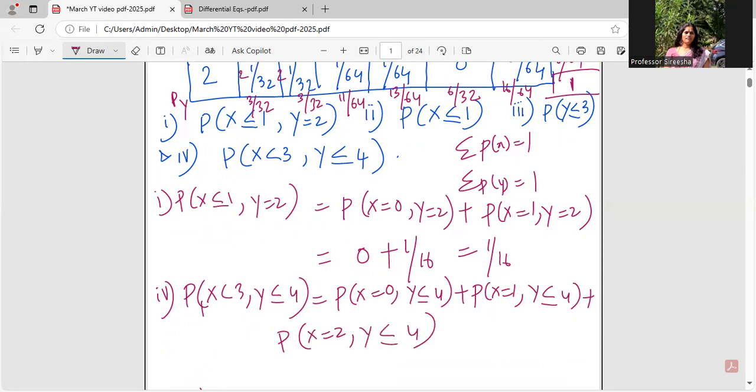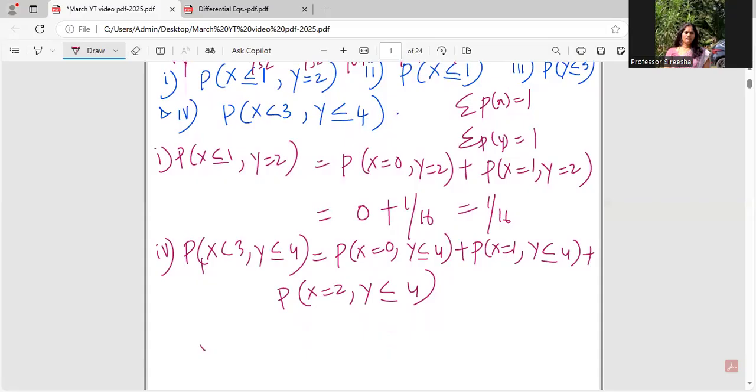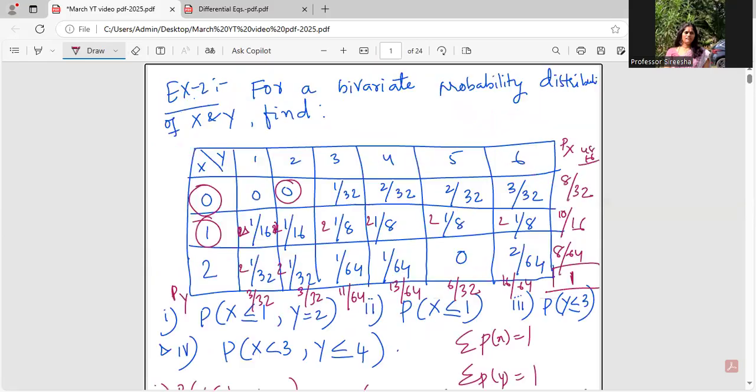Just see here, y less than or equal to 4, how many values are there? 1 by 32 and 1 by 32 for 0, 4 values are there for 1, and then 4 values are there for 2. So accordingly, I'll be writing.